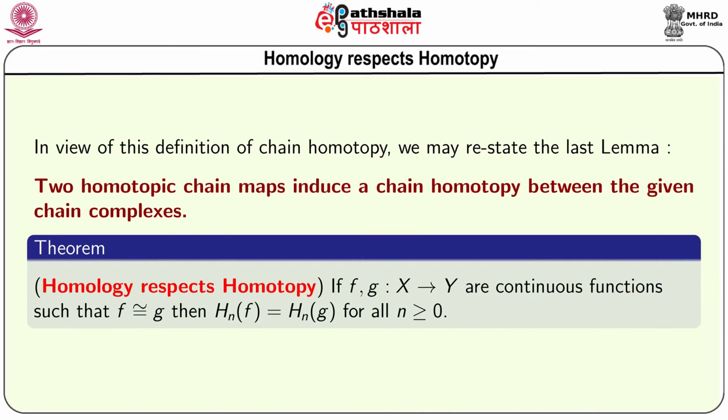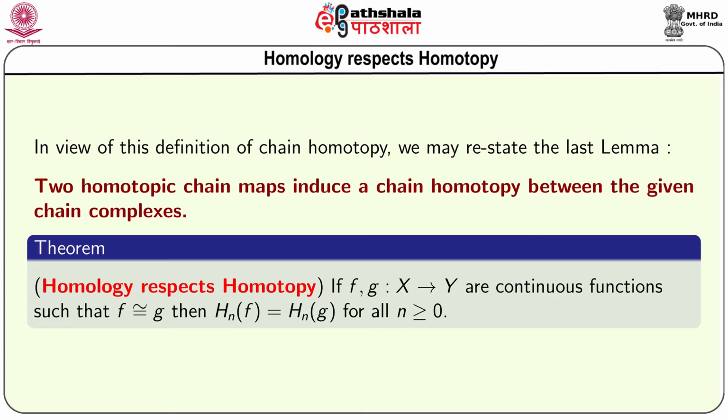We shall now see this particular concept of chain homotopy. In view of this definition of chain homotopy, we may restate the last lemma: two homotopic chain maps induce a chain homotopy between the given chain complexes.